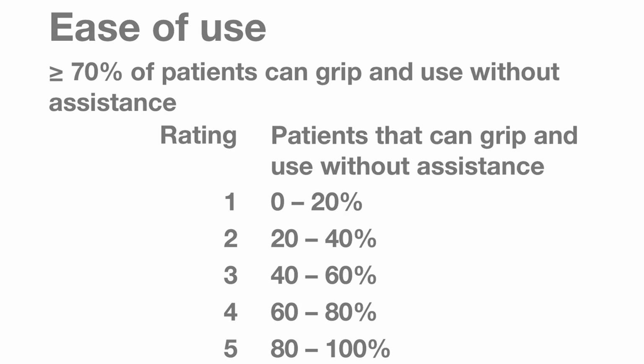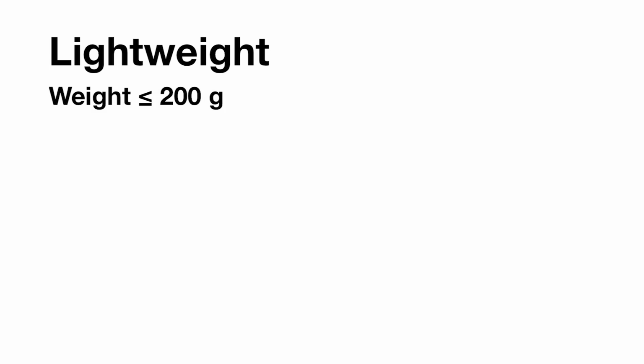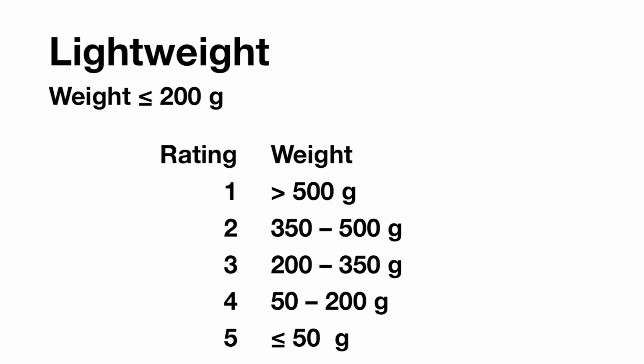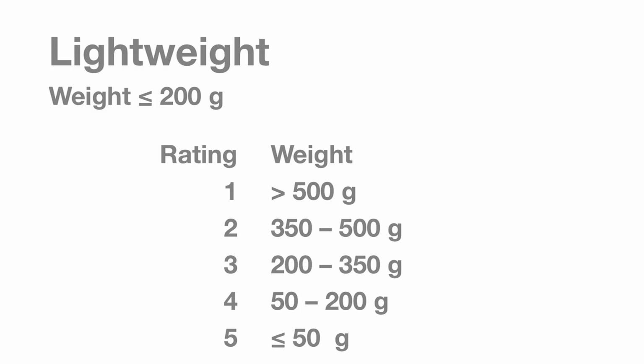80 to 100%. For lightweight, we set the design criteria to weigh around 2 to 3 metal spoons, or less than or equal to 200 grams. Here we set rating 1 with a weight greater than 500 grams and rating 5 is a weight of less than or equal to 50 grams. We set the design criteria for durability to last at least 1 year.